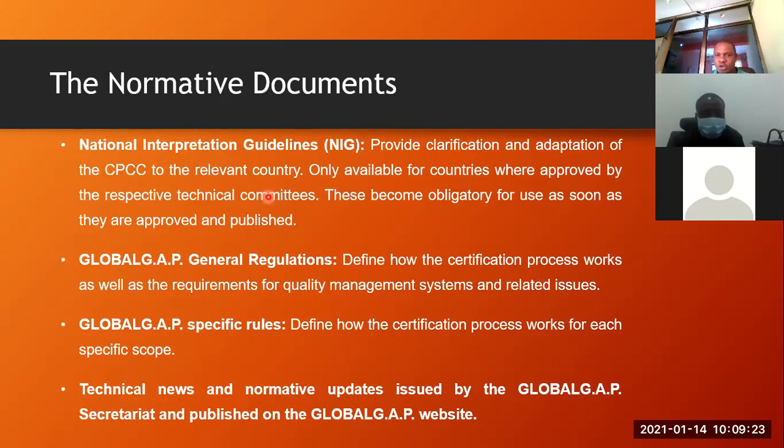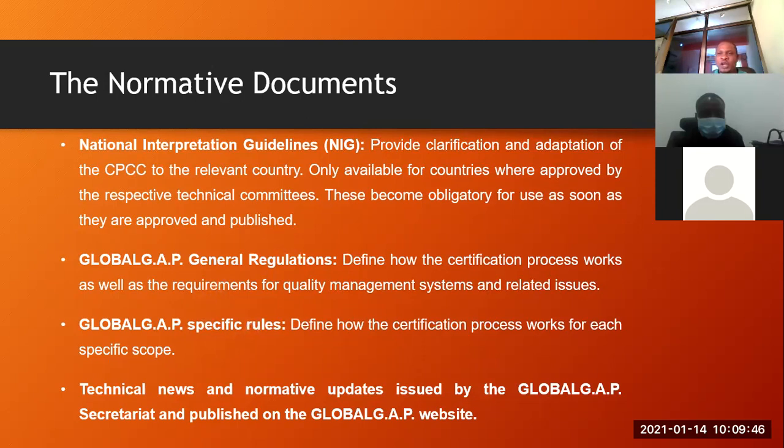So that is also a normative document. I understand Nigeria is currently working with GlobalGAP to come up with national interpretation guidelines. Hopefully very soon, Nigeria will also have one. And once you have it, that becomes a normative document for companies in Nigeria.